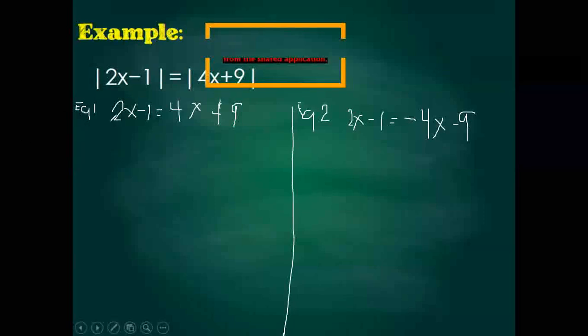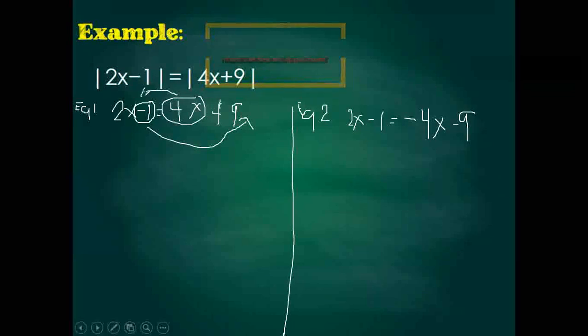Then find the value of x. So equation number 1. So transpose negative 1 to the other side. Positive 4x transposed to the other side. 2x, 4x transposed will be negative 4x equals, so positive 9.